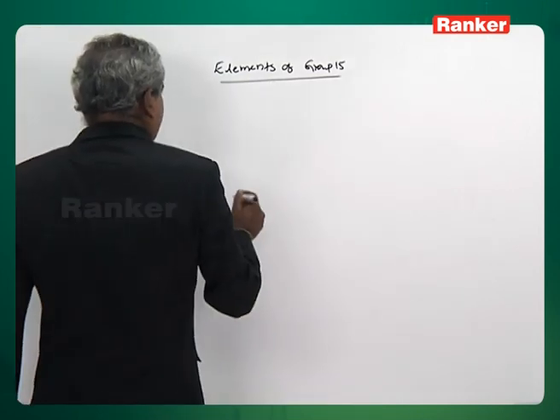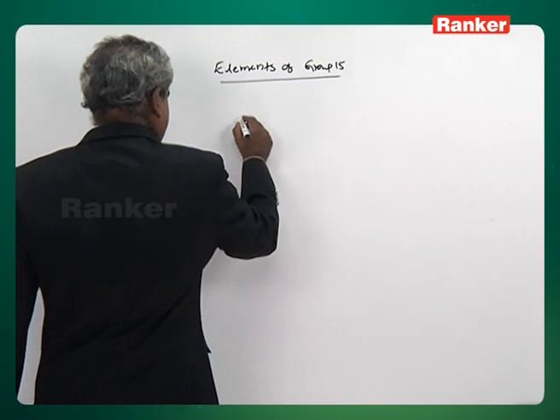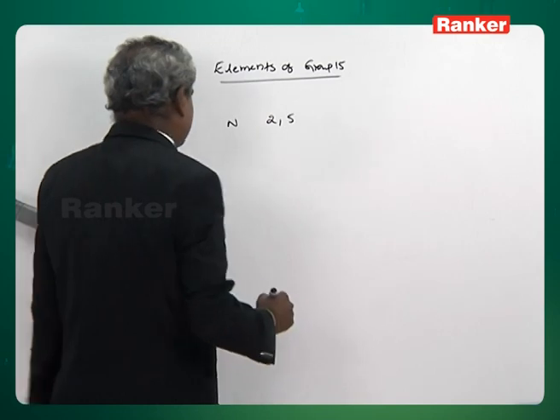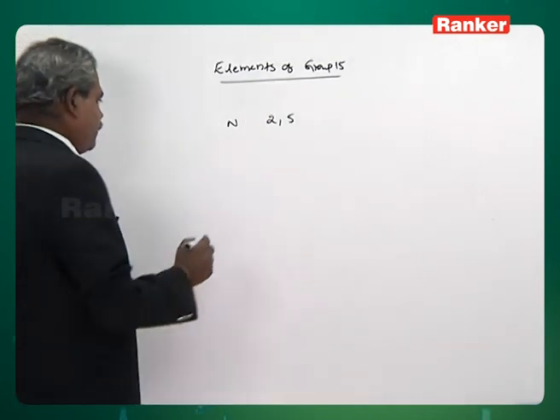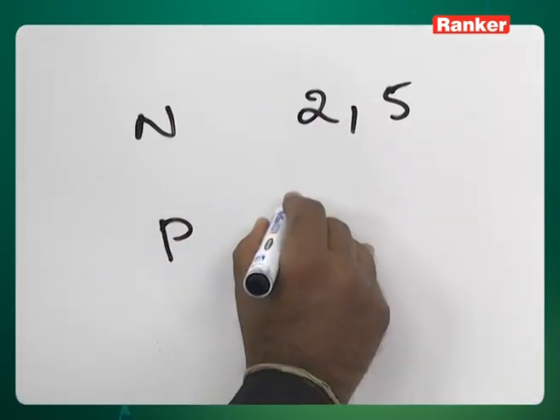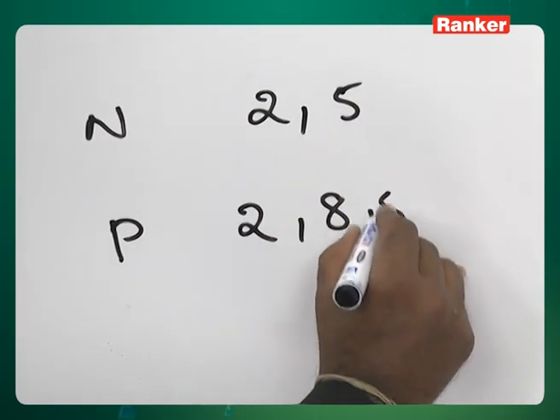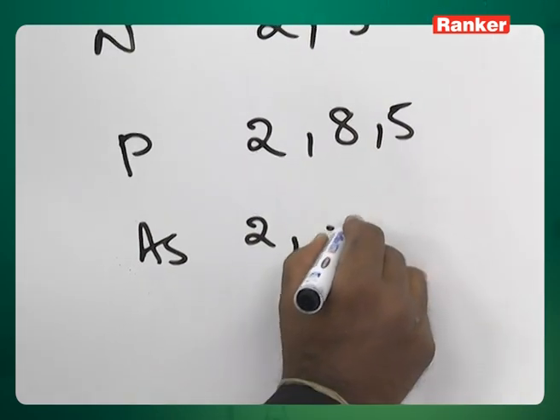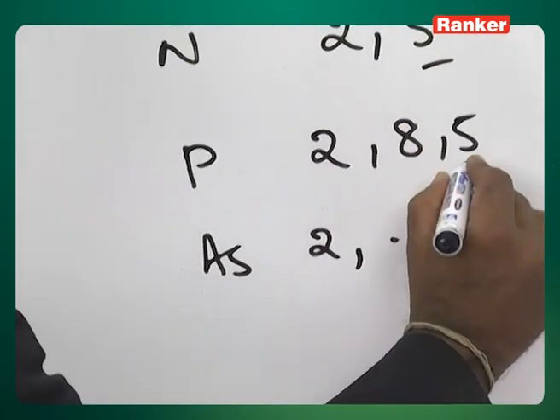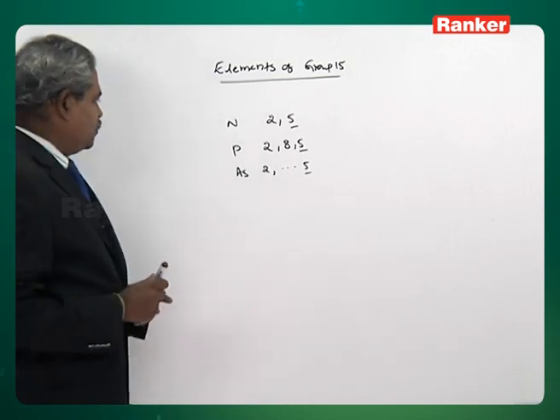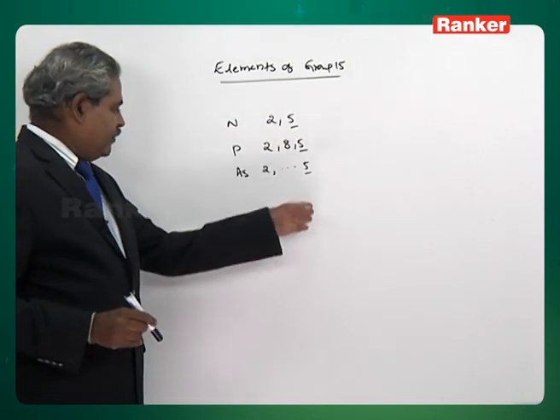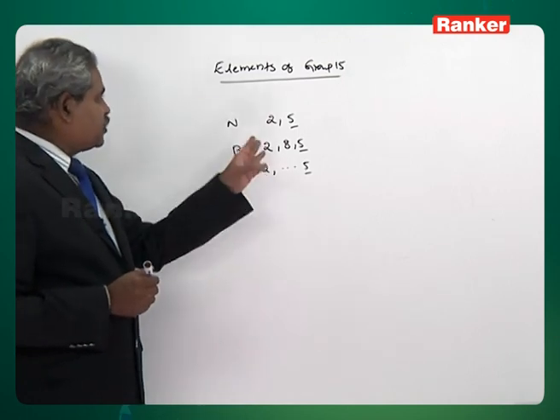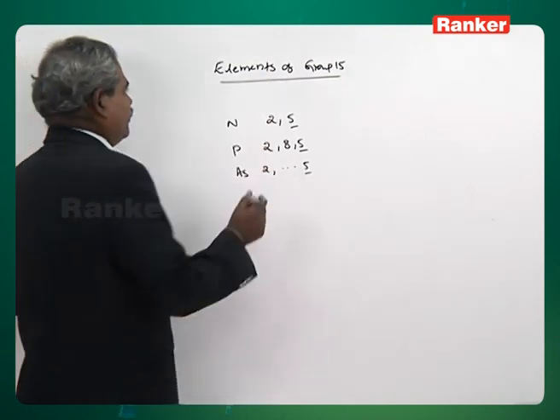It's the distribution of electrons in the main levels. Nitrogen 2, 5, since the atomic number is 7. Phosphorus 2, 8, 5. Arsenic 2, 8, 18, 5. In what way does this help us? All these elements have 5 electrons in their outermost shell, which justifies their position in group 5A.